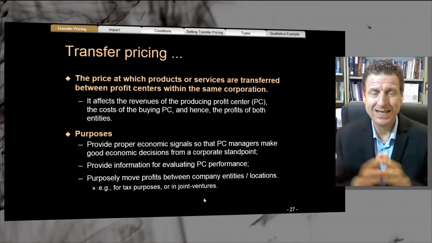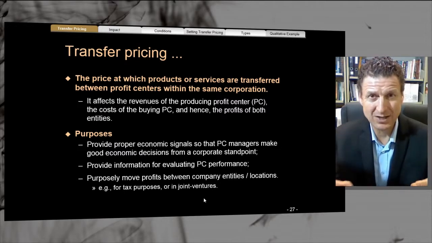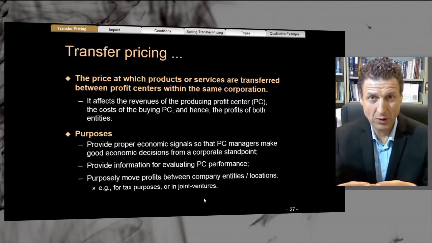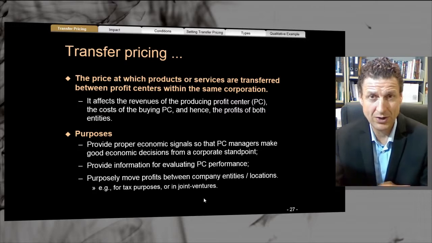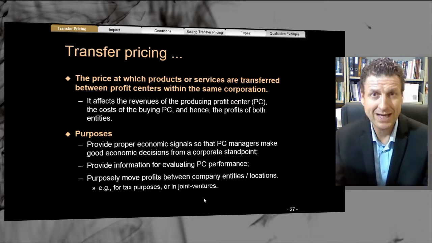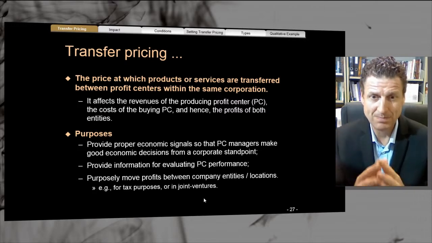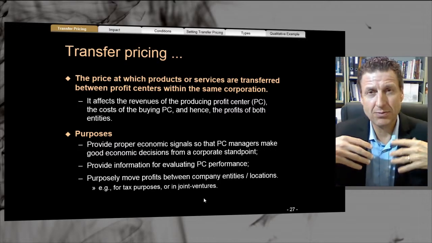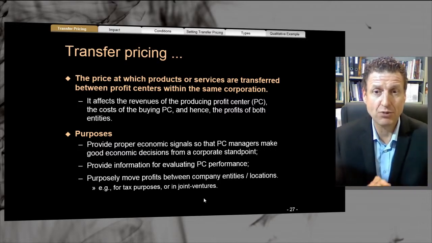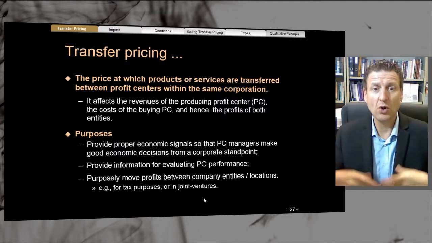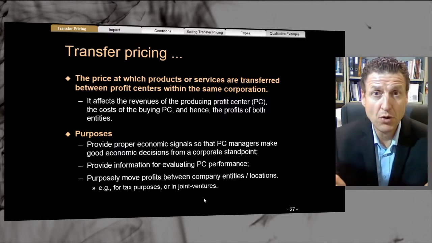The purpose is to provide an economic signal to the different divisions that are involved in the transfer of some economic value, whether it's a transfer of goods, transfer of service, transfer of components that go into the goods that are assembled into the other division. Okay, and it's to provide information for evaluating PC performance, so profit center performance, or to purposely move profits.